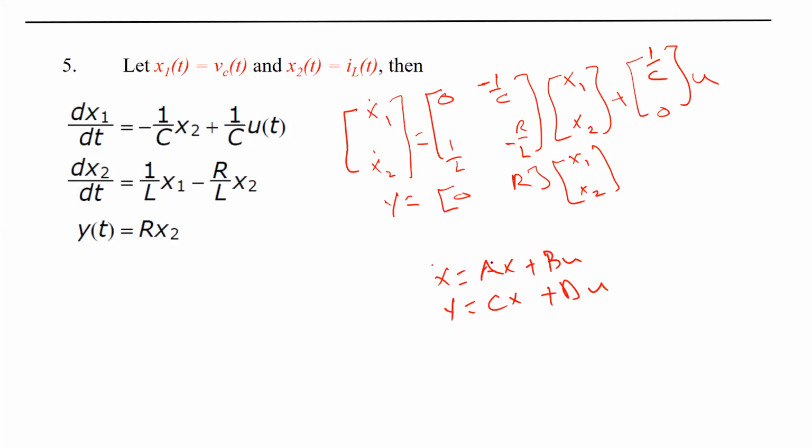So this is A, this is B, this is C, and D will be 0. So now my system, as I said, has two first order differential equations.